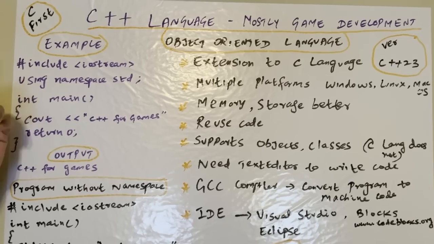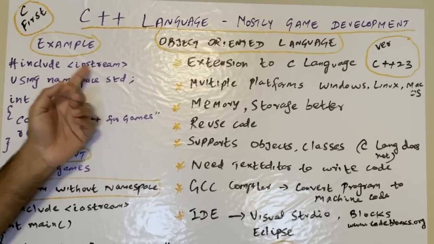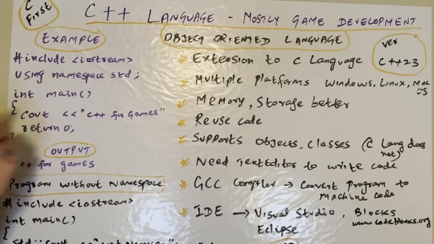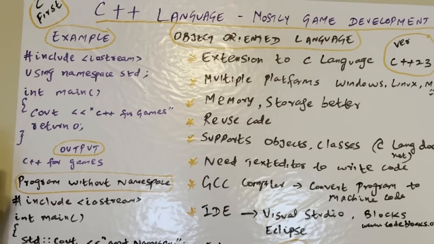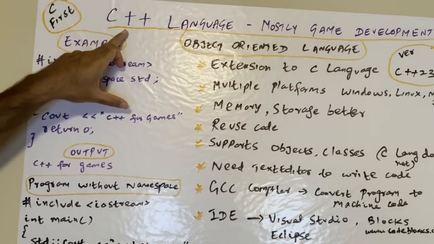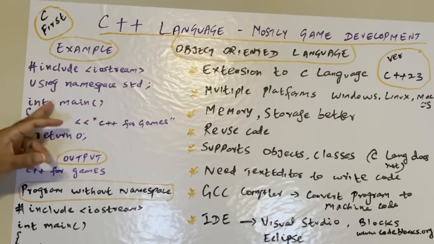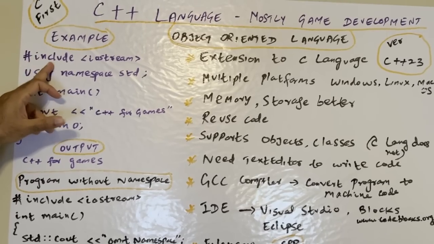This is the syntax. #include iostream means input output stream. So it's going to link some input and output functions. This is the syntax for C++. It's a little different. The hash include is the same.